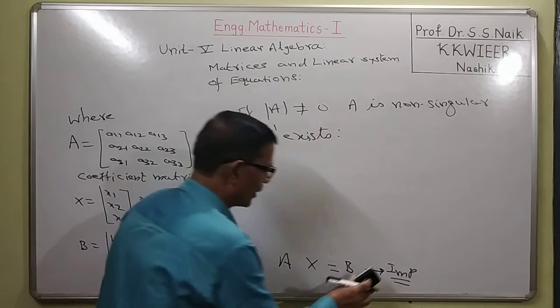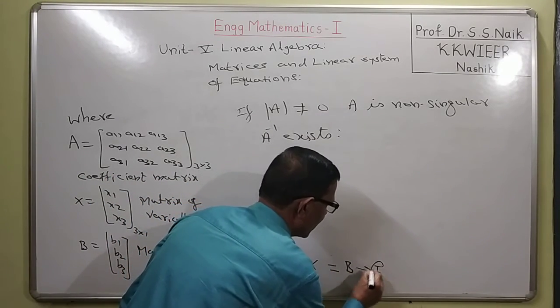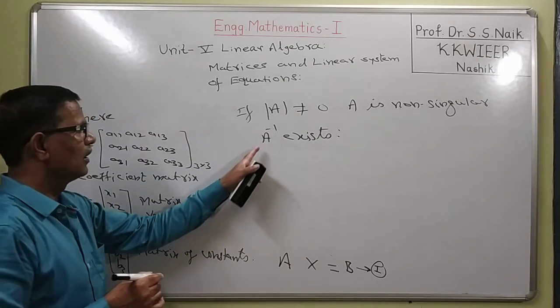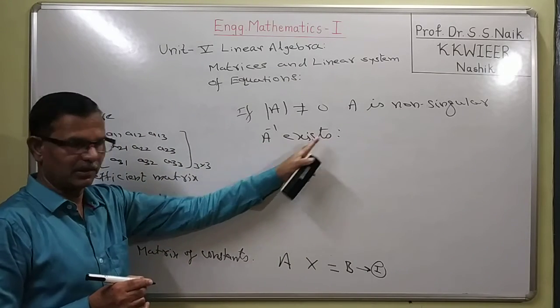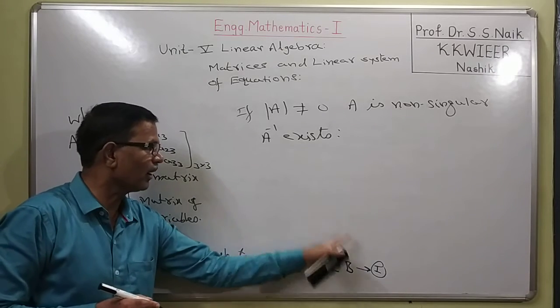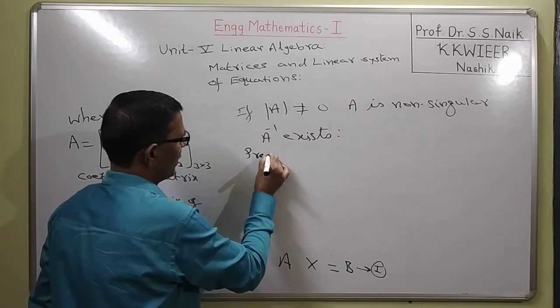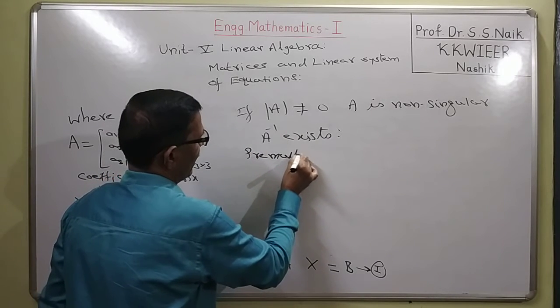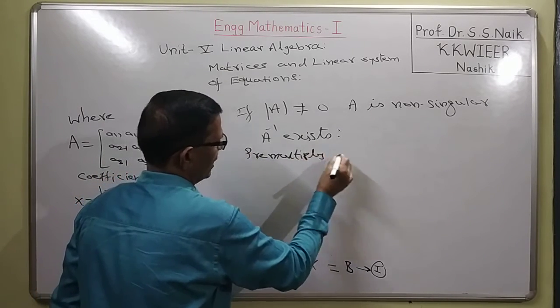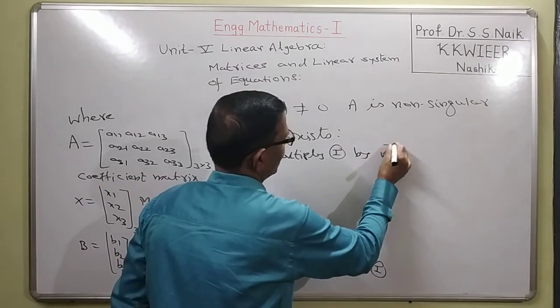I call this equation number 1, for my convenience. Since A inverse exists, I pre-multiply equation number 1 by A inverse.